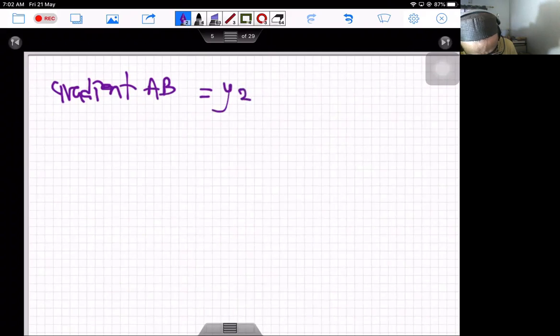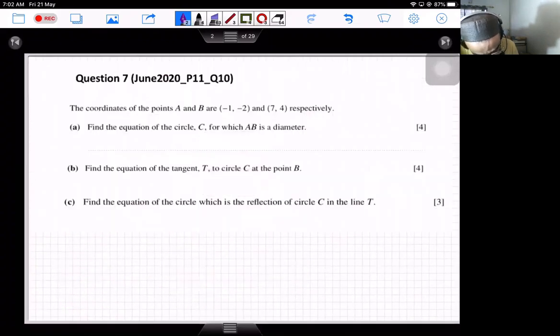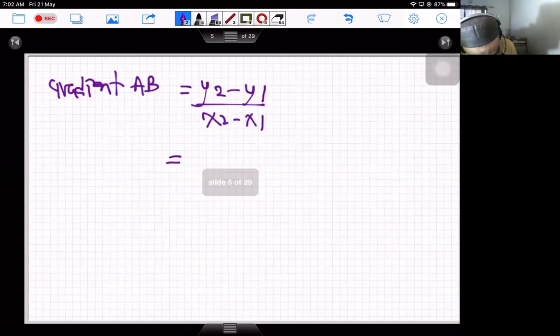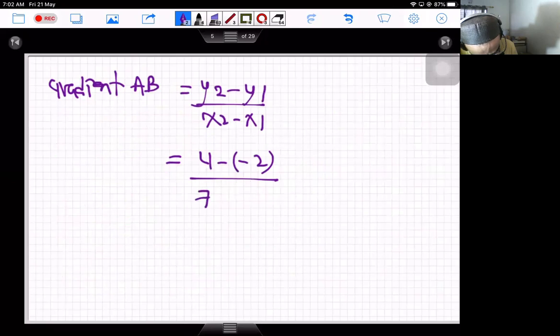Y2 minus Y1 over X2 minus X1. The point A is -1 comma -2. So 4 minus -2 divided by 7 minus -1. So this is 4 plus 2 upon 7 plus 1, which is 6 upon 8.